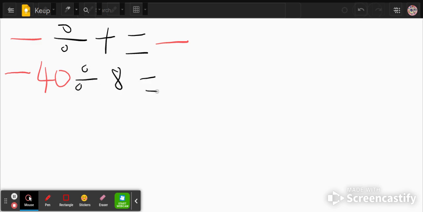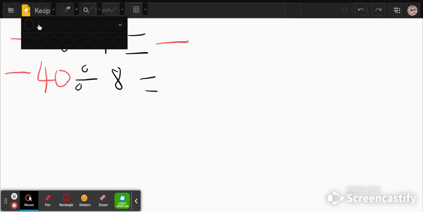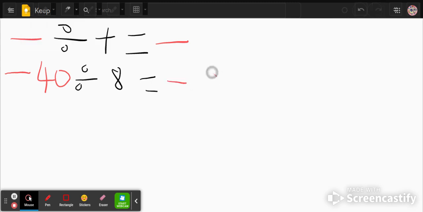We state that when a negative number is being divided by a positive number, the answer would be negative. So 8 into negative 40 will leave us with negative 5 as the answer.